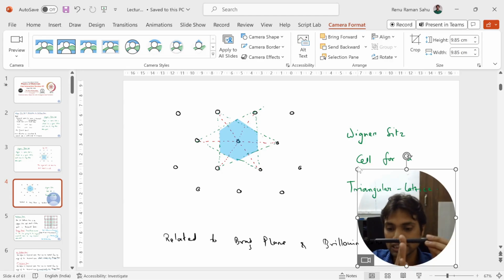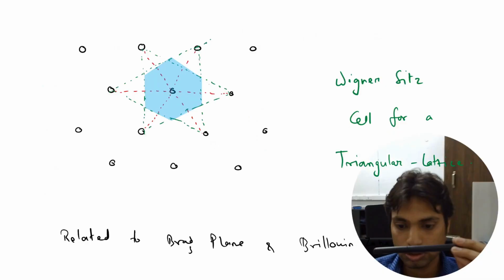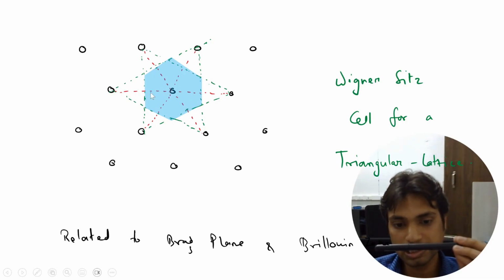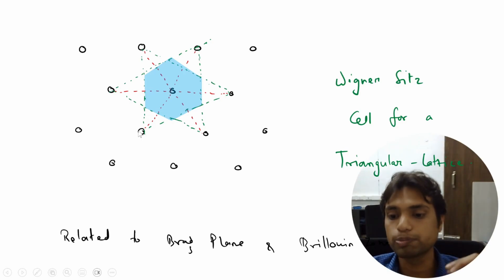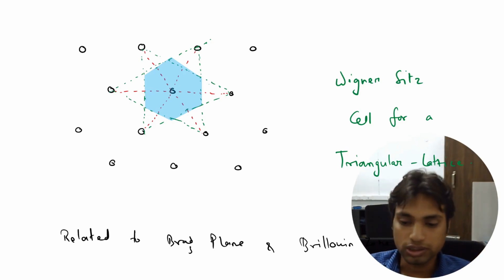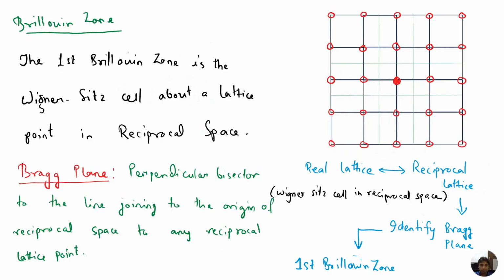That plane is what is coming out of the screen. That is what I am saying. If you take these 2 points, the plane which is bisecting them is actually coming out of the plane of the screen. Okay, so that is the thing.